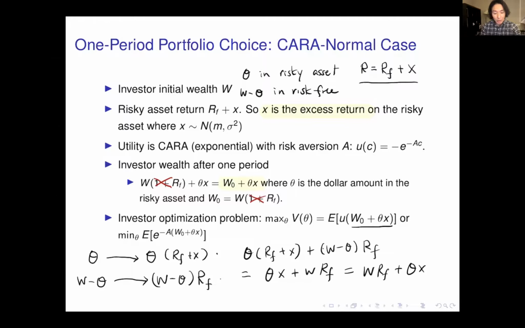Because we know the utility function, what is the utility function here? The utility function is this one. And because there was a negative sign here, this maximization problem becomes a minimization problem. And then it's the same thing.